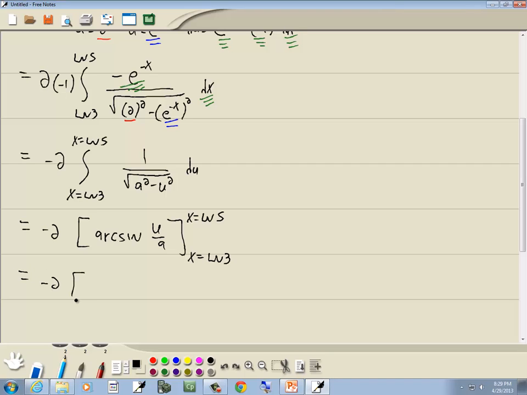Well, let's plug our values back in. We said u was e to the negative x, so we're going to have arc sine of e to the negative x over a, which was 2, from x is equal to natural log of 3 to x is equal to natural log of 5.